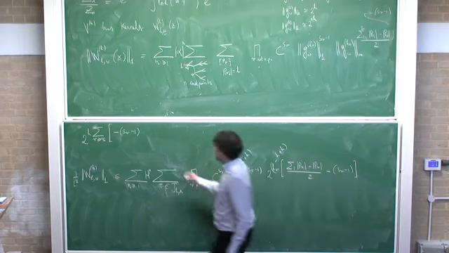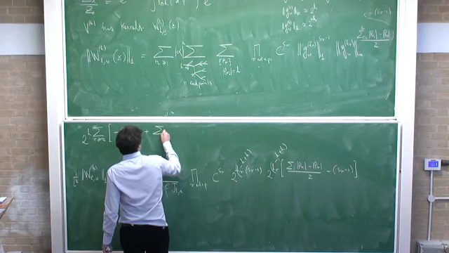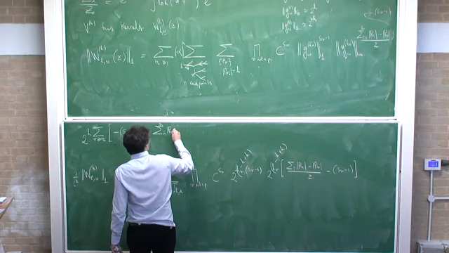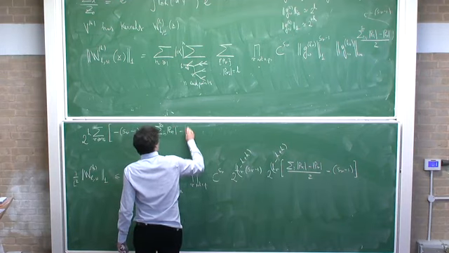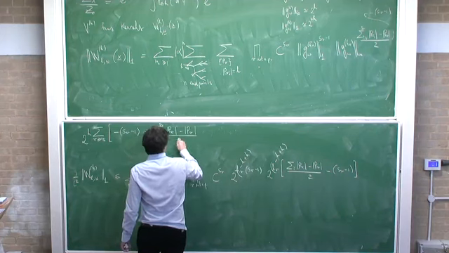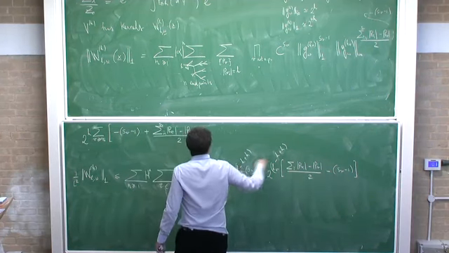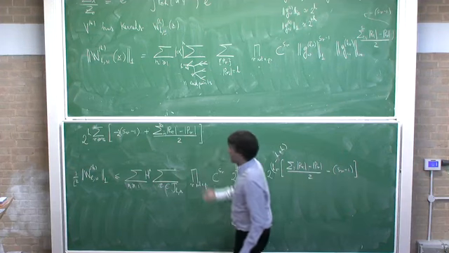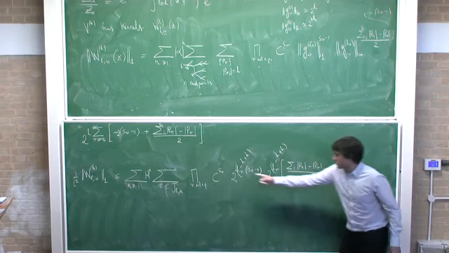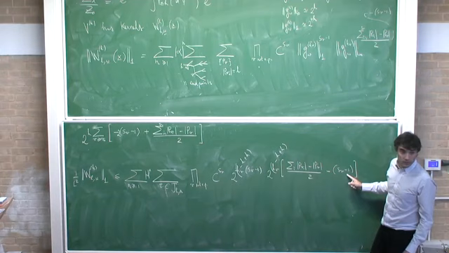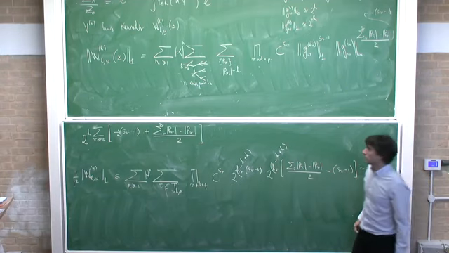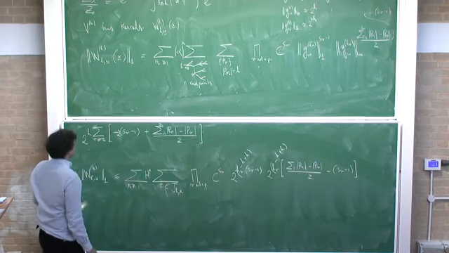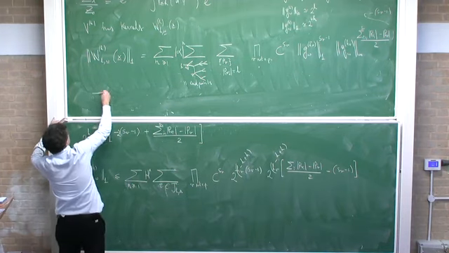And then I have plus sum over i from 1 to sv of pvi minus pv over 2. And then I have another minus sv minus 1, so I have minus twice this. Okay, so there was a minus sv minus 1 here, and minus sv minus 1 here. Okay, now, first exercise.